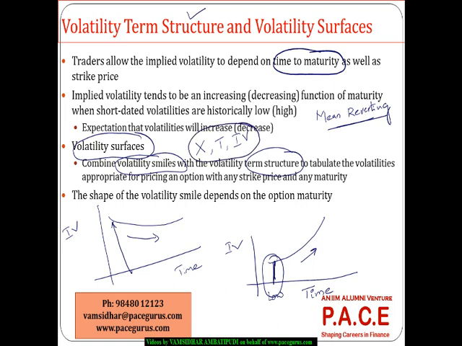If I am plotting a graph with three, it's a three-dimensional structure that is going to come out, and that is what I am calling the volatility surface. And the shape of the volatility smile now depends on the option maturity as well as how the implied volatility looks on the strike price. So along with the time to maturity, if I start looking, the shape of the volatility smile keeps changing.